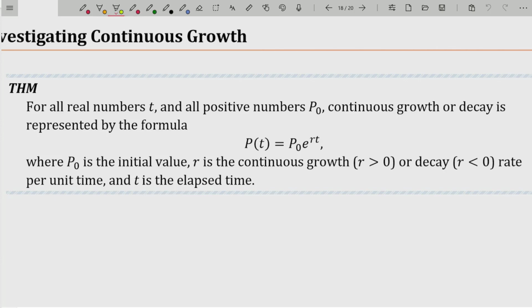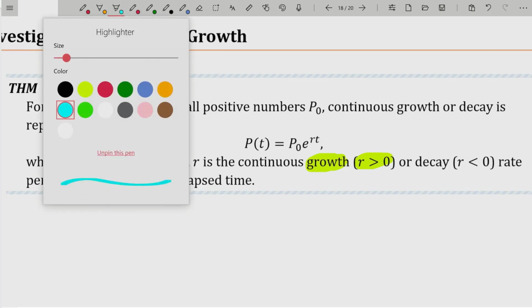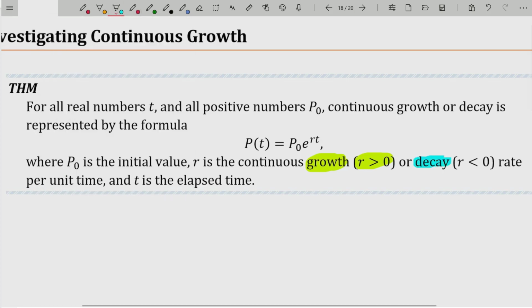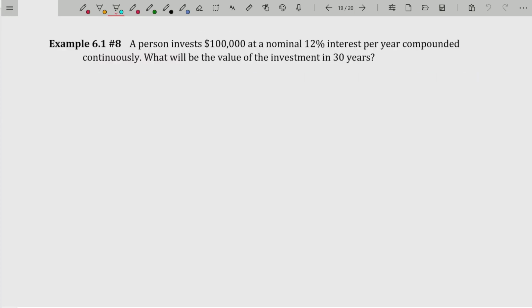I'll highlight that, continuous growth if R is positive. Otherwise, it's a continuous decay rate if R is negative. And that's the growth or decay rate per unit time, and t is the elapsed time. So this is kind of the background for exponential growth in the sciences. So let's go ahead and use it. They're actually pretty easy to use.